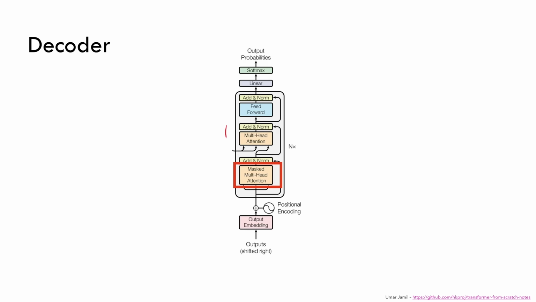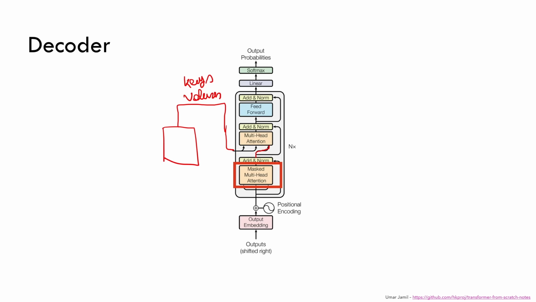Here we should see that there is the encoder that produces the output and is sent to the decoder in the form of keys and values, while the query, this connection here, is coming from the decoder.